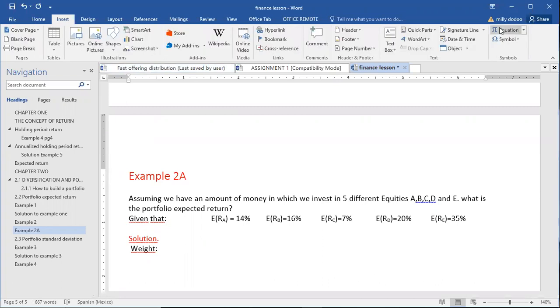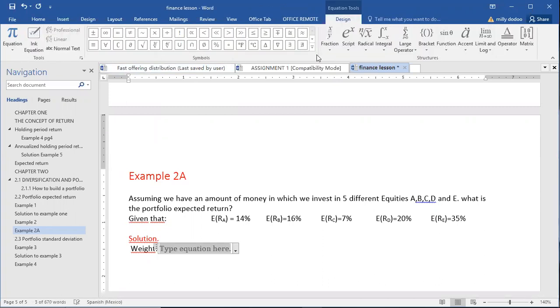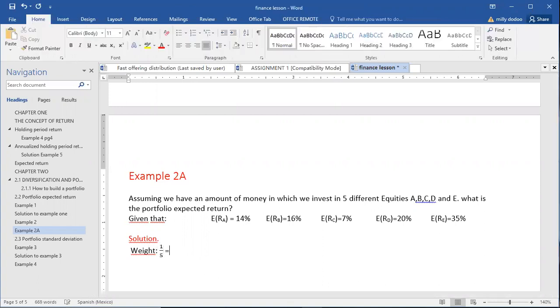So let me insert my equation. The weight is going to be 1 divided by the 5 investments. When you do that, you are going to get 0.2 for all of them.